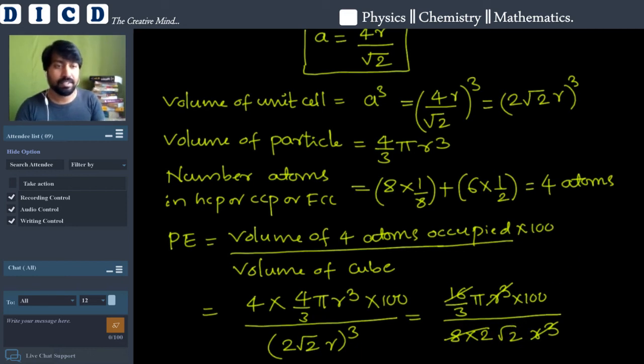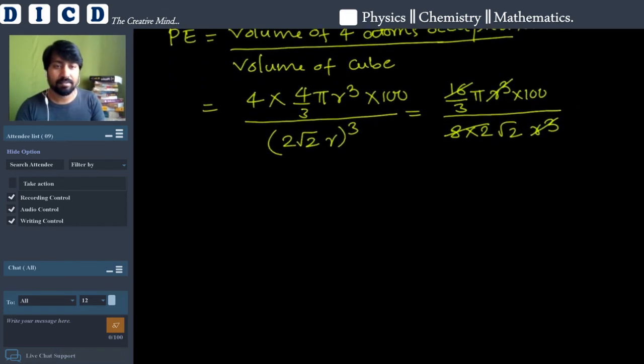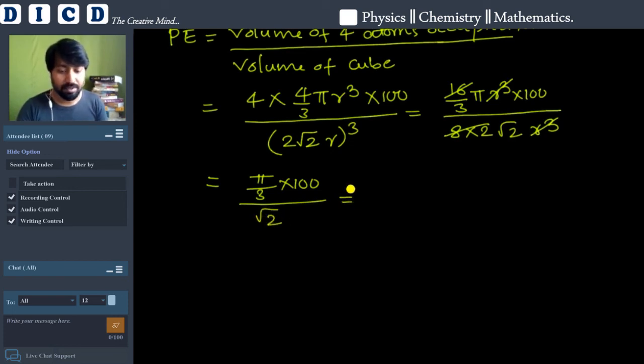By that we get pi by 3 into 100 divided by square root of 2, that is equal to pi divided by 3 into square root of 2, into 100.